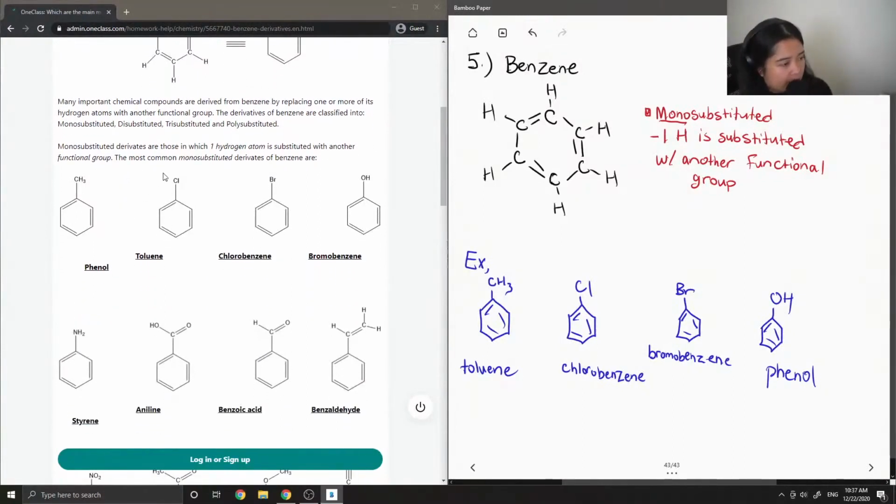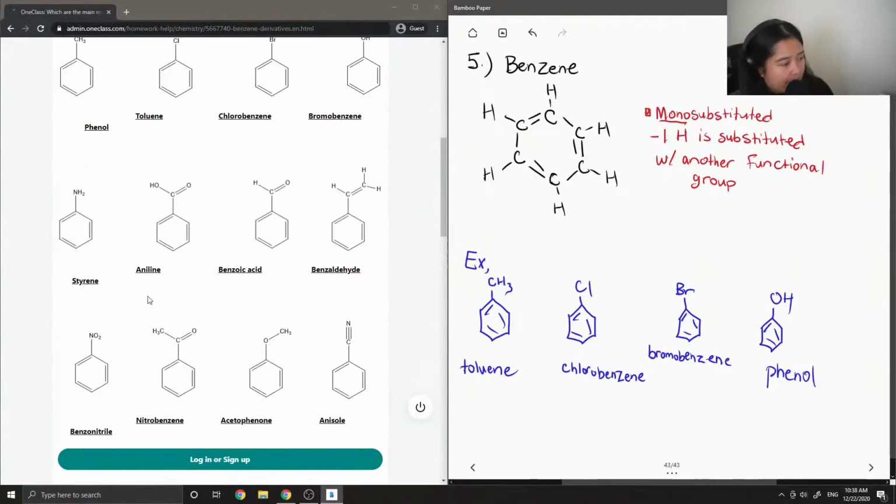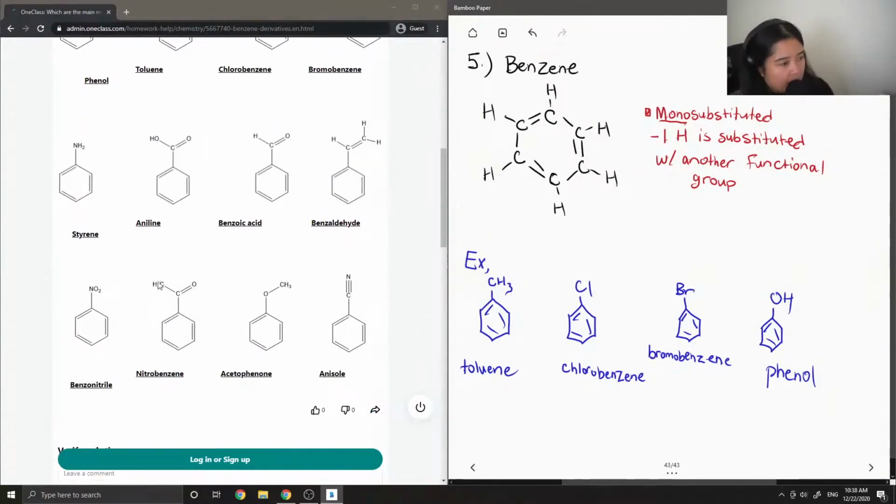The most common monosubstituted derivatives of benzene are, so this phenol I think was meant to go to the last one, toluene, chlorobenzene, and bromobenzene. So this is benzaldehyde. So everything's just a little out of place.